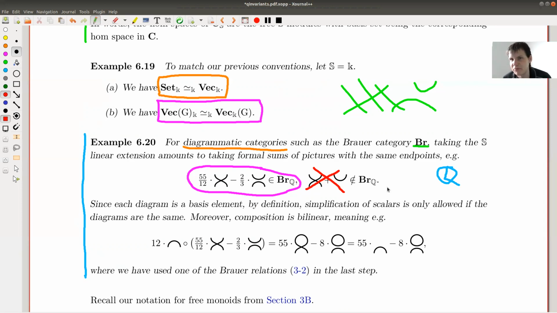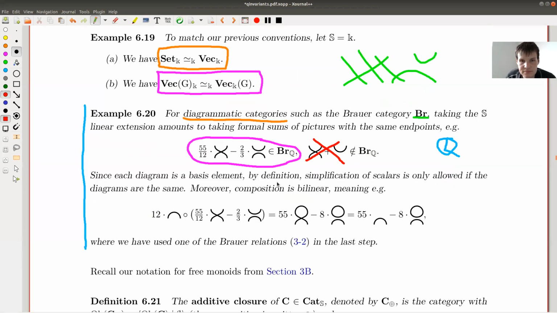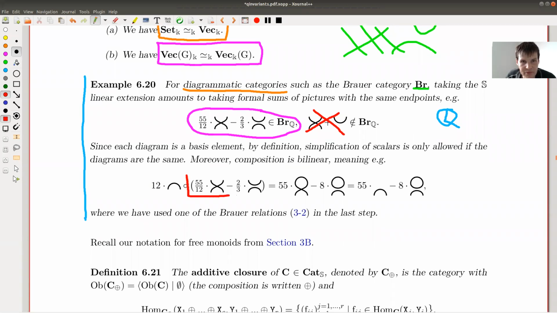Well, finitely many. I would take finite sums, right? We're in the linear setup, the setup of vector spaces, you only take finite sums. Said otherwise, we're doing algebra, and nothing where you have to take limits. Anyway, any weird combination of diagrams with any kind of scalars you can imagine is legal, as long as endpoints match.